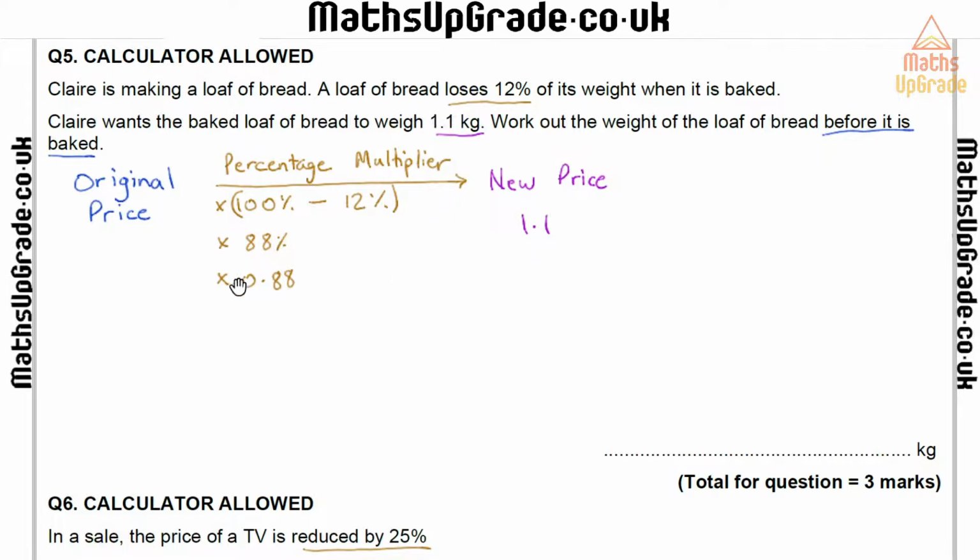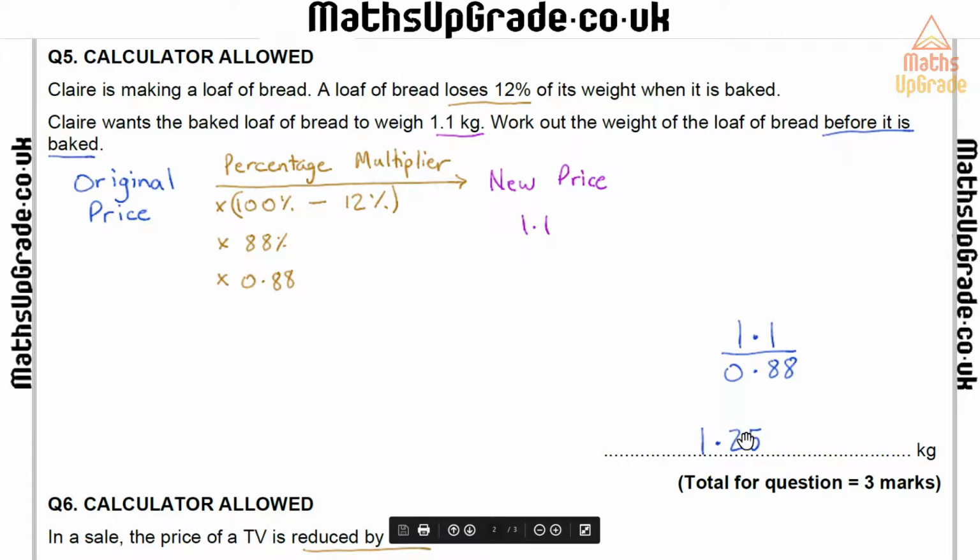So we need to do the inverse of multiplying by 0.88 to work out the original weight. So that is simply 1.1 divided by 0.88, which is 1.25 kilograms. We can always check this answer by finding 88% of this, and that should get us back to 1.1 kilograms. That question there was worth 3 marks.